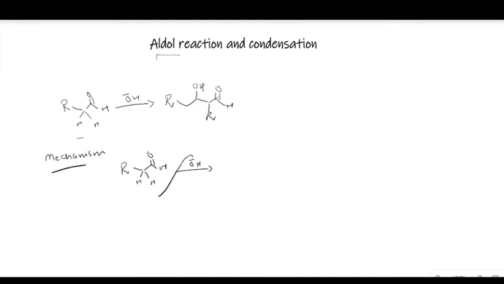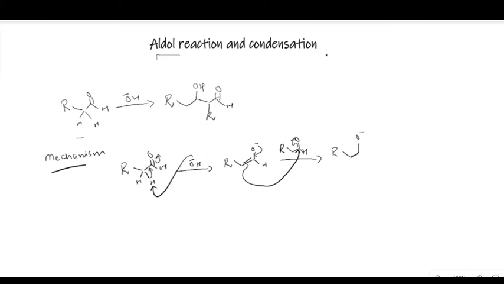So the base can easily abstract one of these hydrogens, giving the enolate anion. This enolate anion then attacks another molecule of the same aldehyde. In fact, it attacks from the carbon of the enolate on the carbonyl carbon of the second molecule of the same aldehyde. And this is what happens as a result.